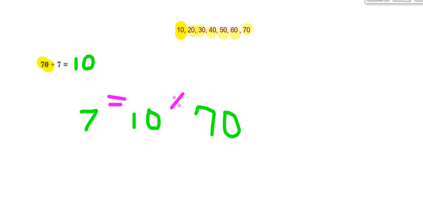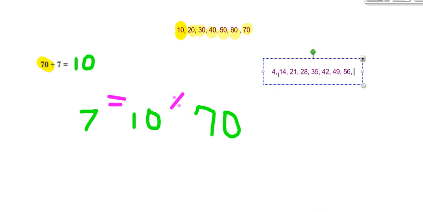Okay, that's one way for you to do it. Another way for you to do it is by skip counting by 7s, and that will look like this: 7, 14, 21, 28, 35, 42, 49, 56, 63.